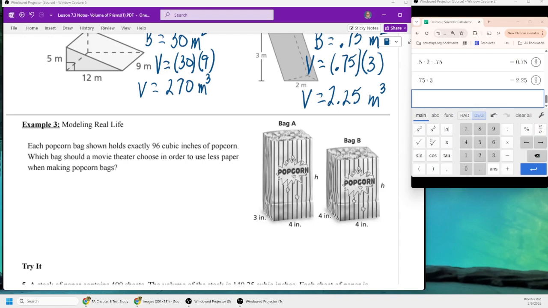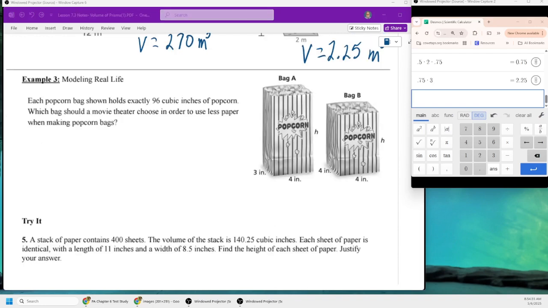Each bag of popcorn holds exactly 96 cubic inches of popcorn. Which bag should a movie theater choose in order to use less paper when making popcorn bags? Okay, so this problem actually has to do with surface area.